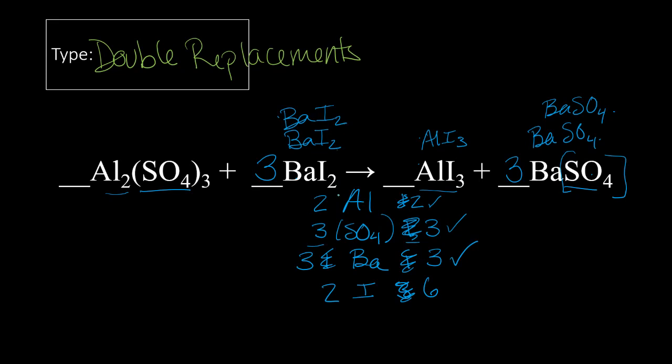And I have 2, 4, 6 iodines to match the 6 iodines I have on the right. So my coefficients here would be 1, 3, 1, 3. Remember to always summarize. If you're using this method of rewriting the formulas, make sure to summarize that with the coefficients in the blanks.